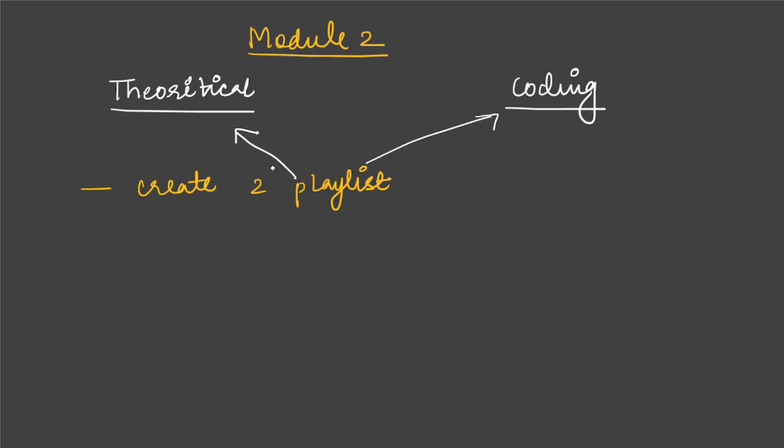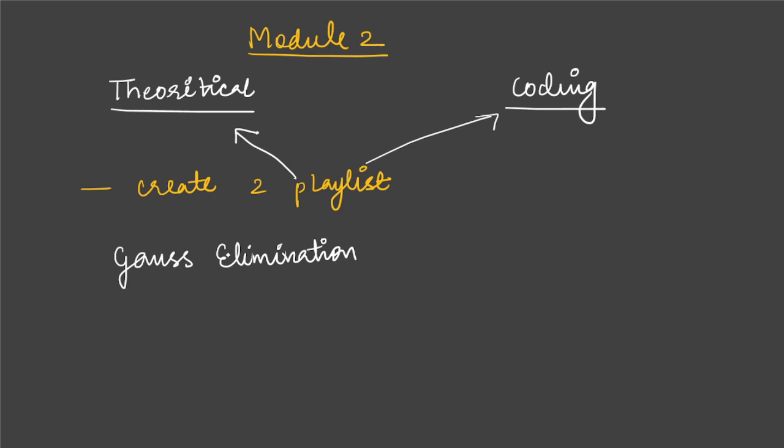For example, today I am going to cover the Gauss elimination method. Most of you are already familiar with the Gauss elimination method, but there are some graduation students, those who are doing their bachelors, who are also watching this video, and they might not be familiar with the theoretical part.